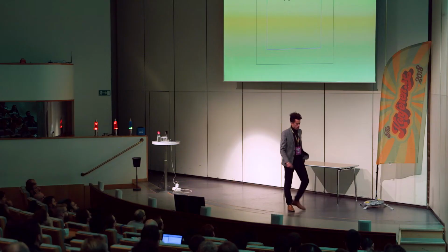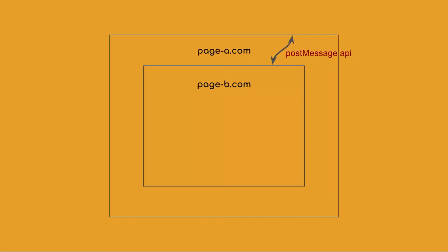So let's say we have these 2 pages. The first one, page B, is the component, and page A is the integrator. Page B and page A are served from 2 different origins, which means page A cannot access the DOM structure or anything inside page B, and the same goes for page B. The only way to communicate between these two pages is by using the postMessage API.